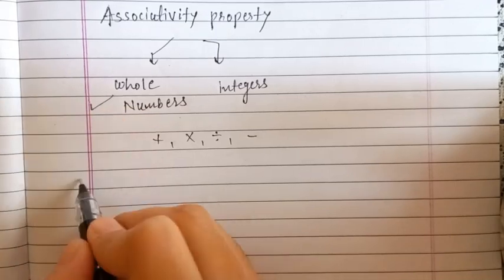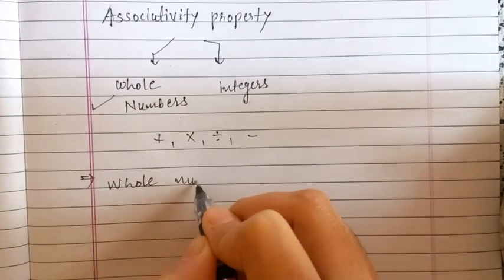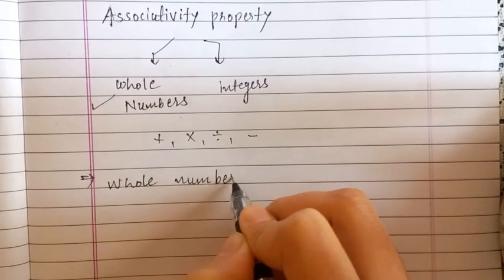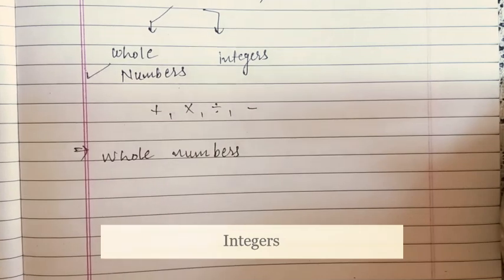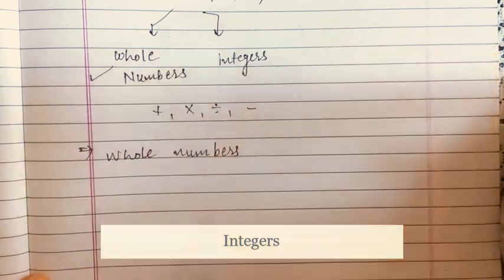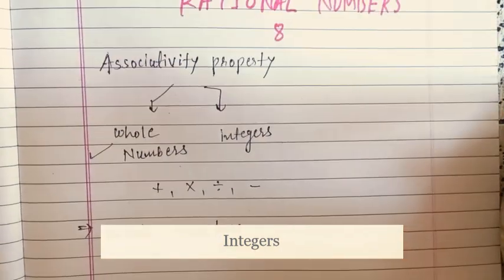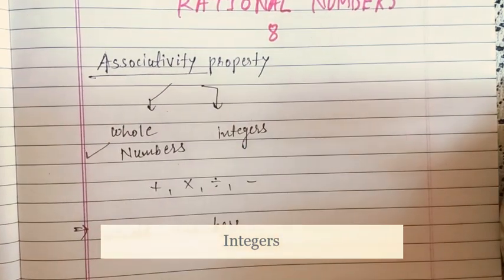Let's check for whole numbers. First I should say what associativity is.